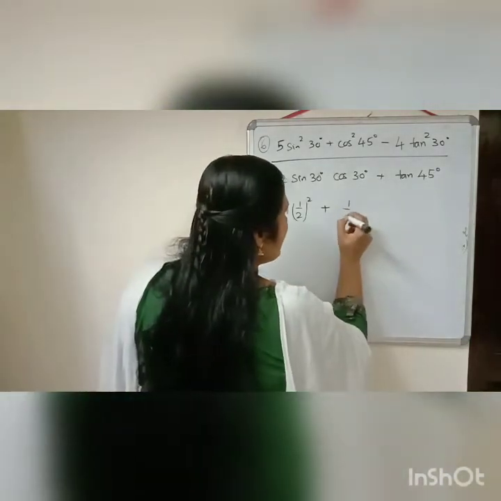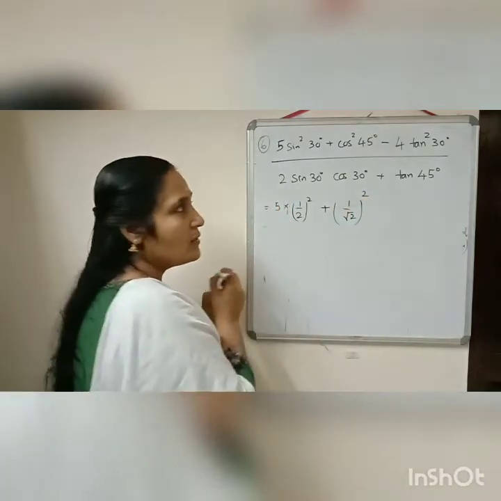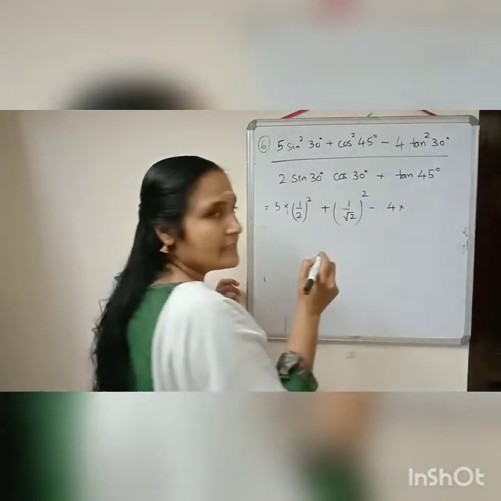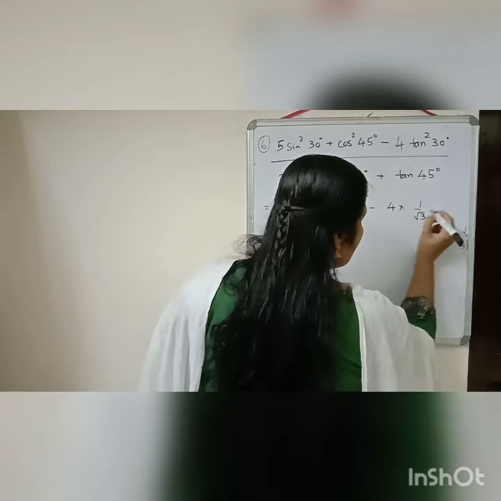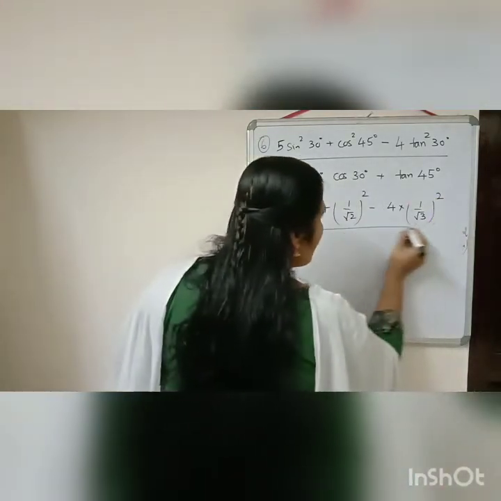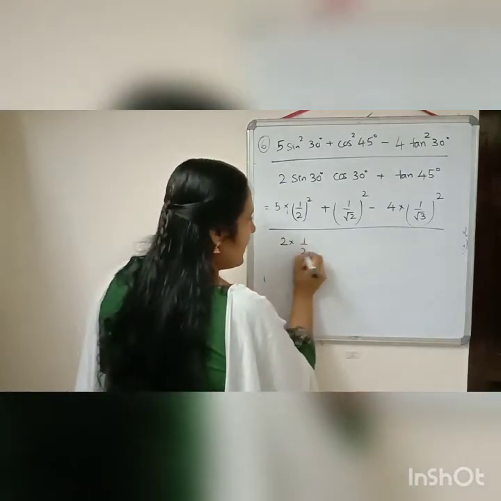Cos 45 degree is 1 by root 2, so 1 by root 2 the whole square, minus 4 into tan square 30 degree. Tan 30 degree is 1 by root 3, the whole square. Whole divided by 2 into sin 30 degree, which is 1 by 2.